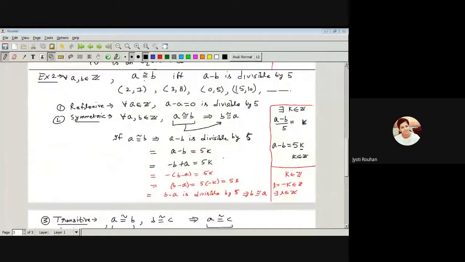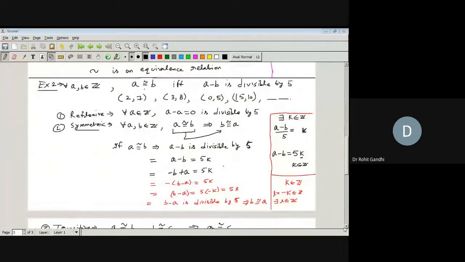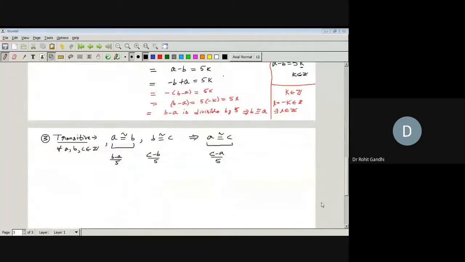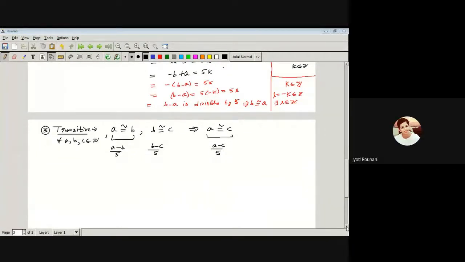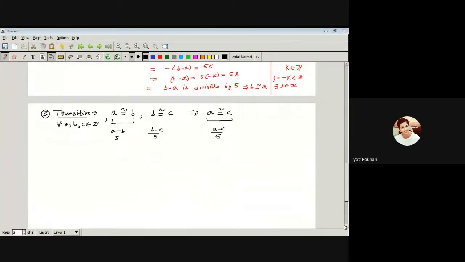Okay. So here I have to write this, that is A minus B. Here I will write B minus C, and here we have to prove A minus C. Yes. Now it's okay? Yes, sir, now it's fine. Okay.